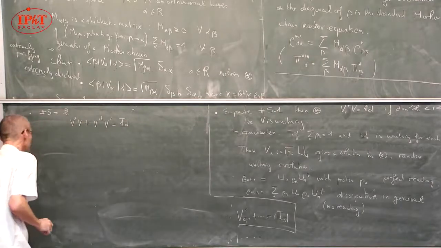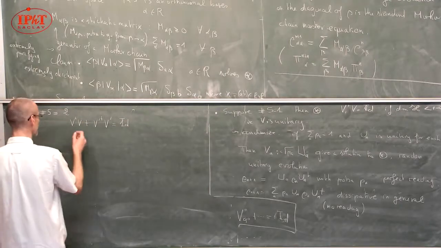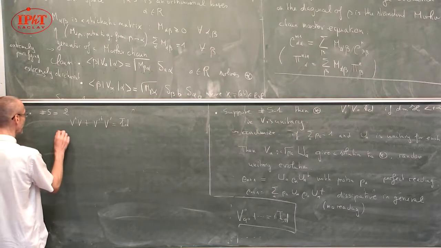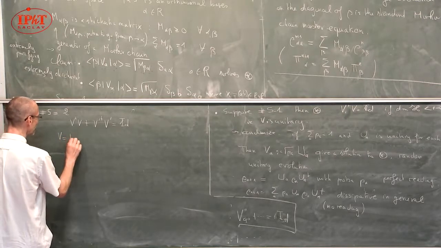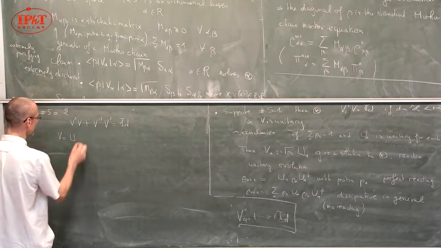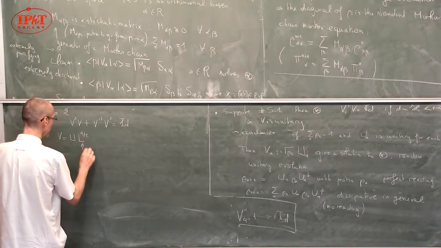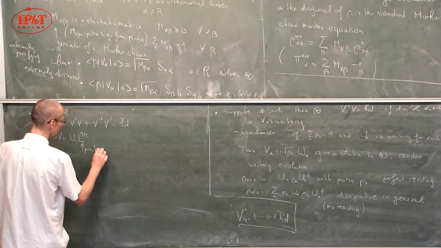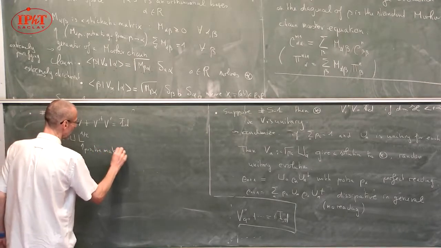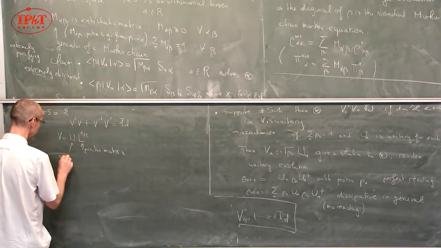And then the right trick is to use the polar decomposition. So you will say that V is equal to U times L to the 1/2. L is a positive matrix, and U is unitary.